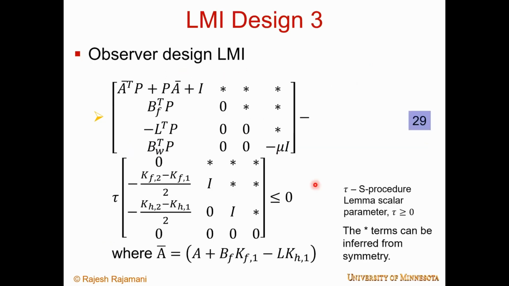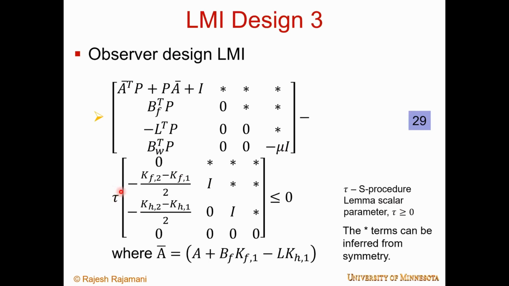And this is the observer design LMI. Okay. So this LMI involves these known bounds on the Jacobian, K_F1, K_F2, K_H1, K_H2, A bar, B_F, these are known matrices. We need to solve for P and L. Mu is the H infinity gain.